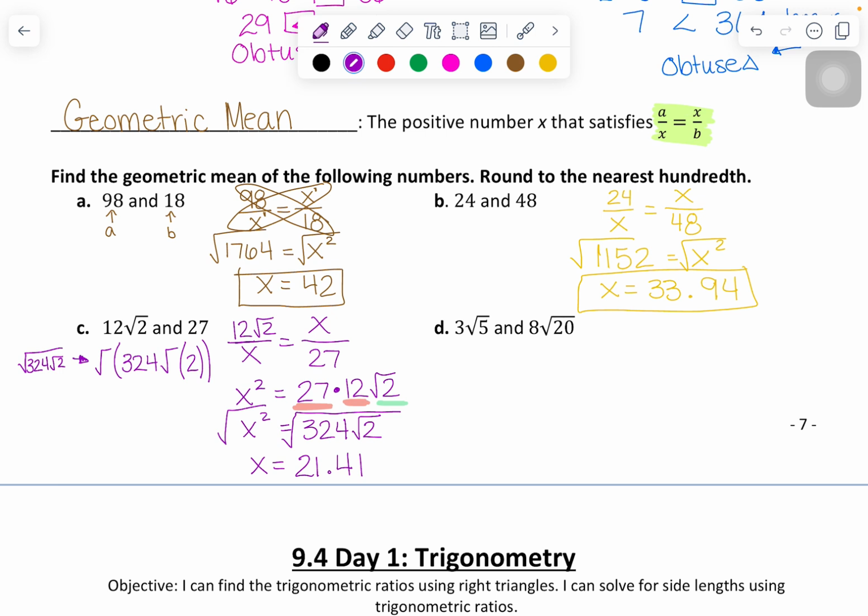Now, that's if you put in the version that was simplified. I also mentioned you didn't necessarily have to multiply the 27 times the 12 square roots of 2. So that's if you did it this way. If you did it this way, and I should have maybe put these in the other placement, you can take the square root of 27 times 12 square root of 2.